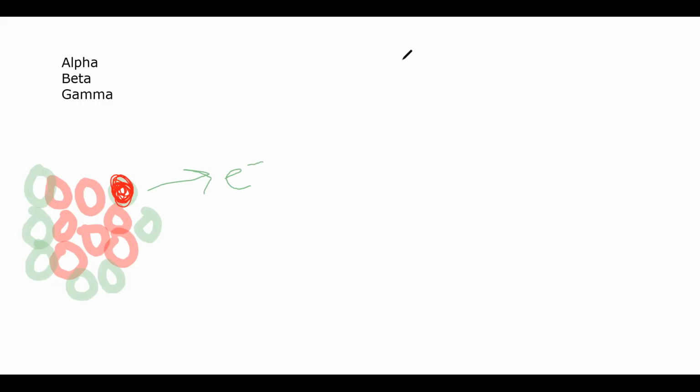That's a great drawing. Okay. So then that will increase its atomic number by 1, and its atomic mass will stay the same because nothing was added or went away.